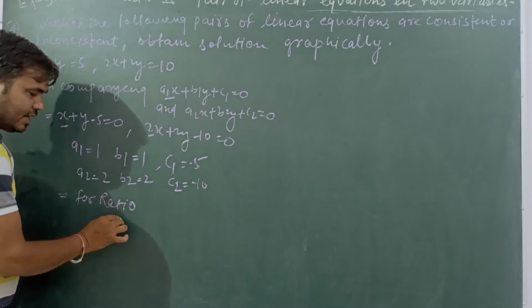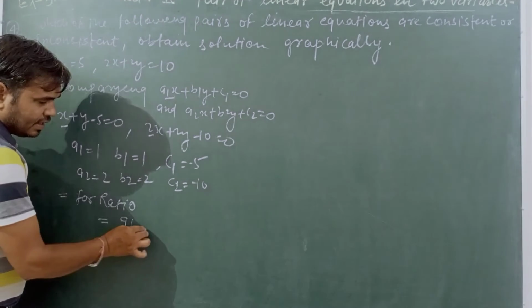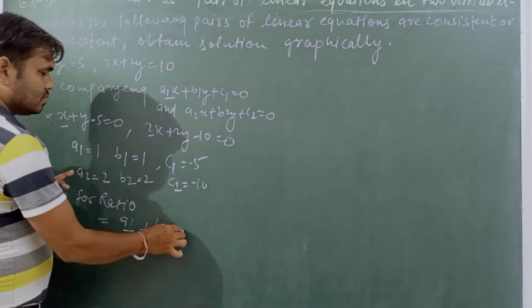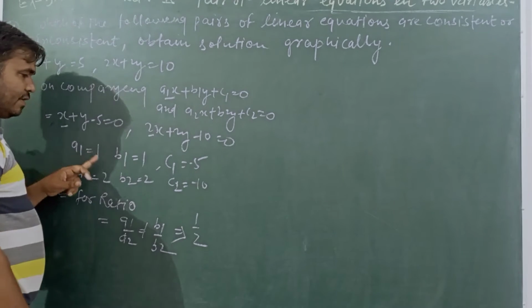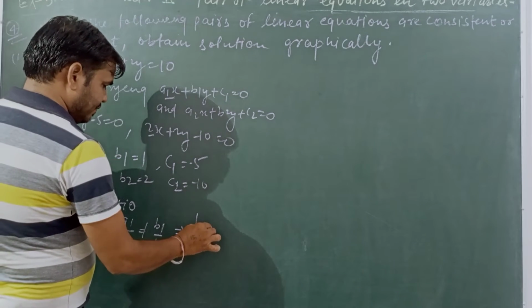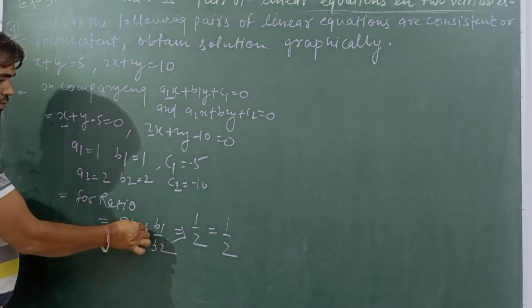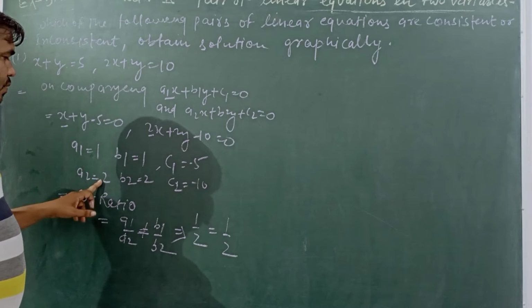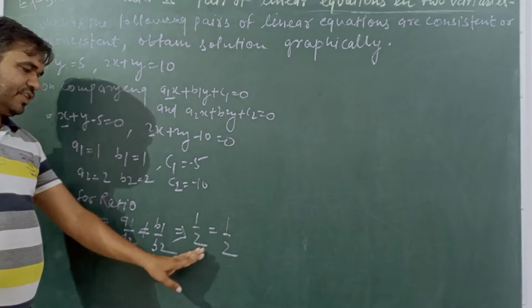First we check a1 over a2 not equal to b1 over b2. Here 1 over 2, and that is already 1 over 2, so this condition is satisfied.